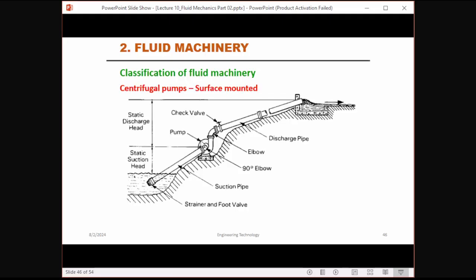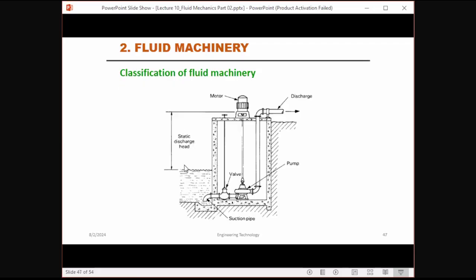Here you can see the base mounted one, not a submersible one. Here you can see a surface mounted centrifugal pump. Here you can see a below-surface mounted one, but the motor is surface mounted, using a concrete tank like a sealed area, without any water here.